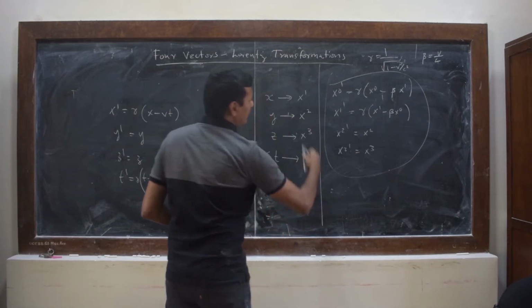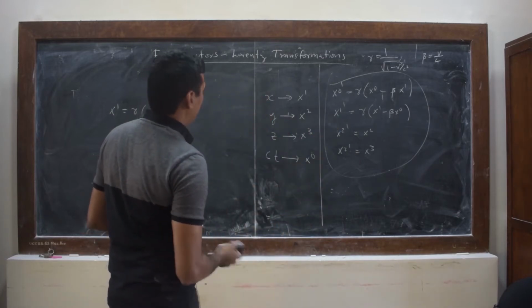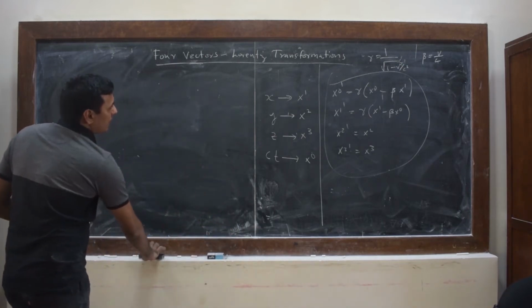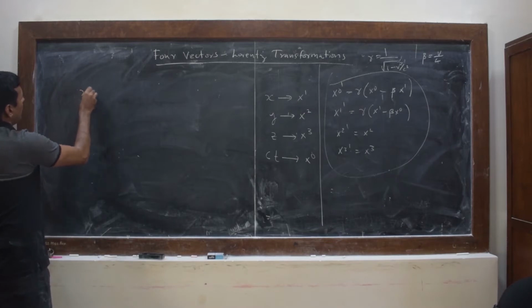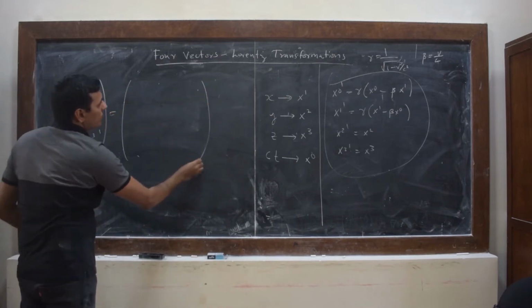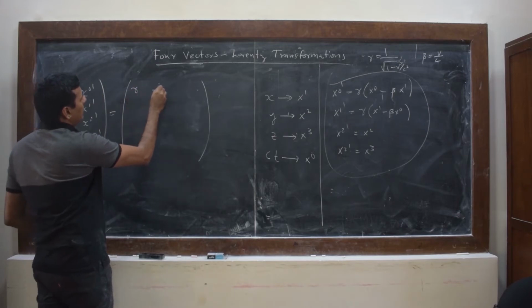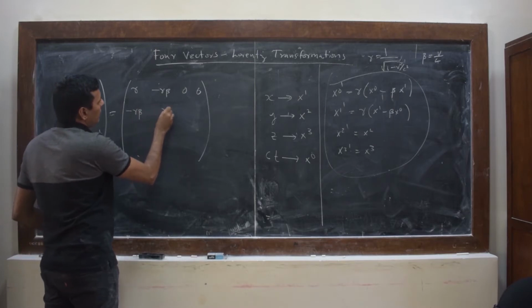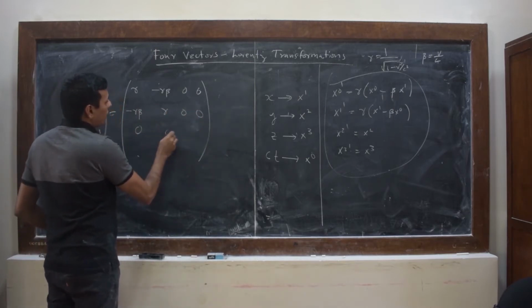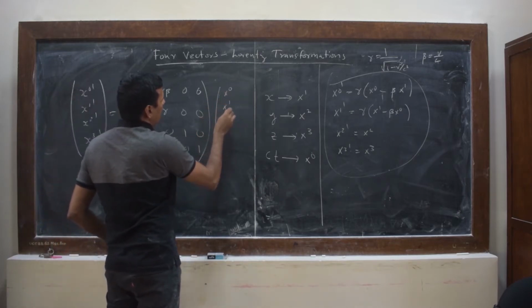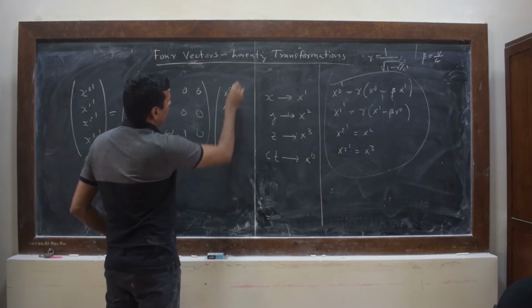I can rewrite it in a better way as a matrix multiplication. I write x0 prime, x1 prime, x2 prime, x3 prime equal to the matrix with rows: gamma, minus gamma beta, 0, 0; minus gamma beta, gamma, 0, 0; 0, 0, 1, 0; 0, 0, 0, 1, multiplying x0, x1, x2, x3.